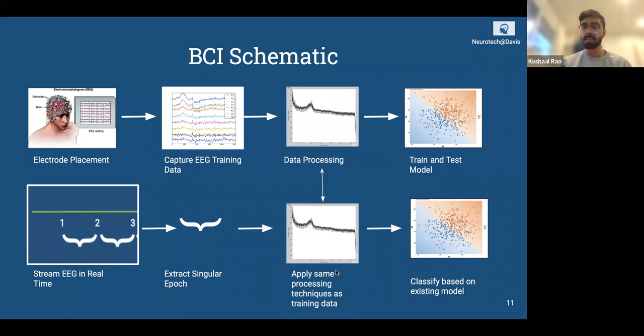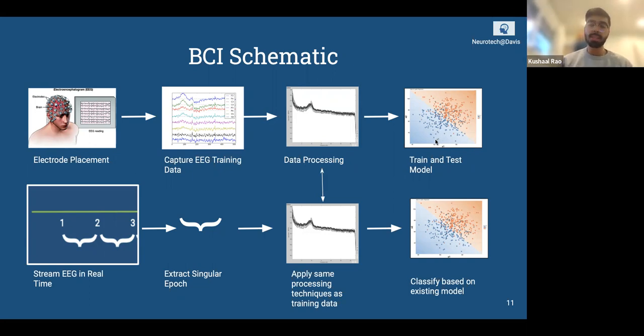We want to stay consistent. We want to process the data in the same way so that it'll be as similar to the training data when the machine learning model looks at it. So after we have extracted a singular epoch, we apply the data processing procedures and we classify it based on the existing model that we trained over here. And that is effectively how the BCI works.